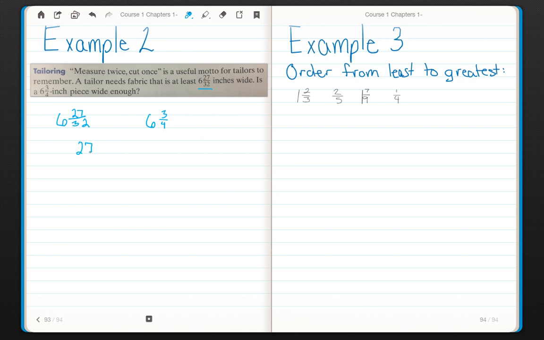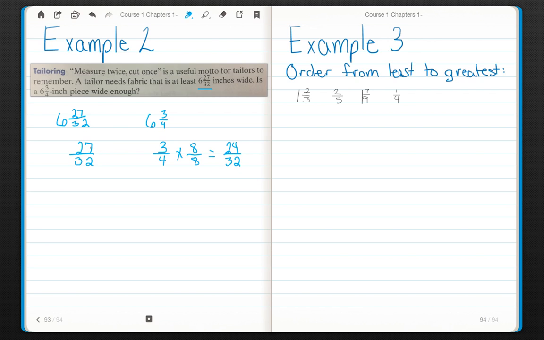So 27/32 and 3/4. Well, I need a least common denominator because fourths and 32nds are not the same, but I know that 4 goes into 32. If I multiply by 8/8, I get 24/32.